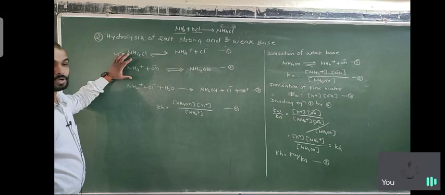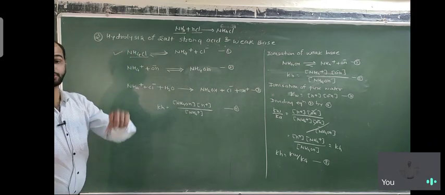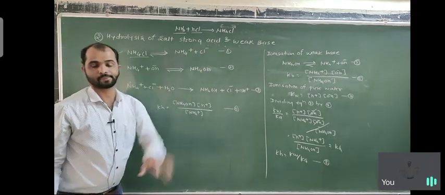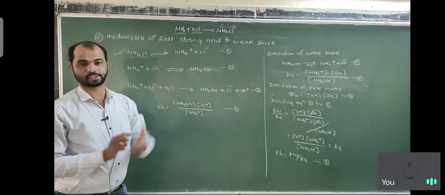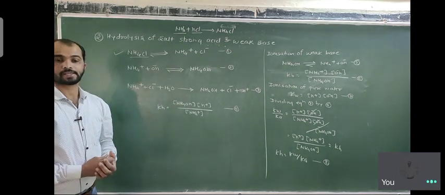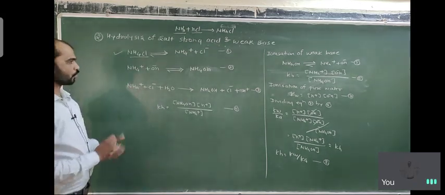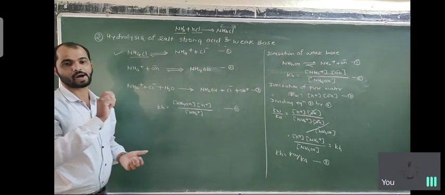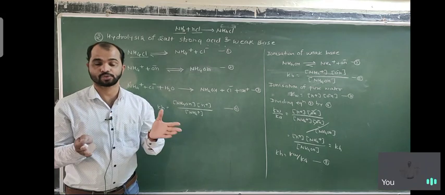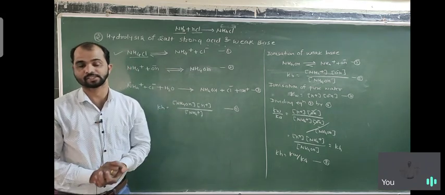First of all, NH4Cl is dissociated as NH4 plus and Cl minus. We get the first equation. The dissociated ammonium chloride has a tendency to react with part of the dissociated water, because water itself dissociates as H plus and OH minus.